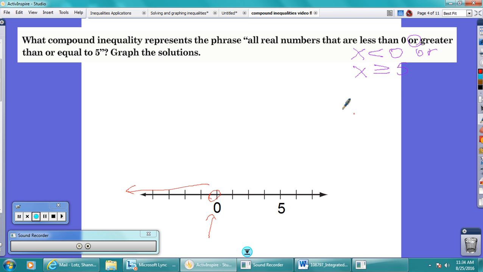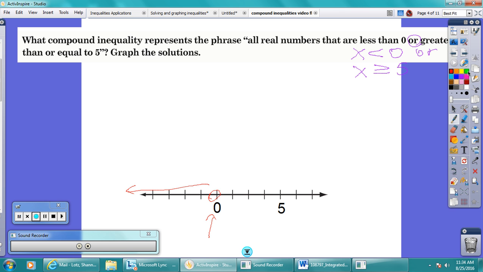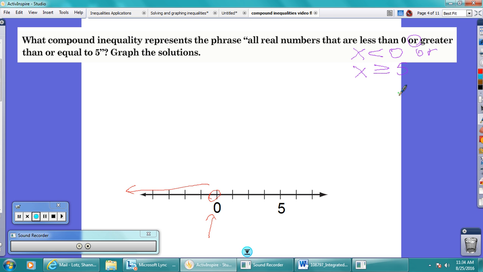Okay, next, let's look at our second inequality. We have x is greater than or equal to 5. Step 1, locate 5 on the number line. Step 2, evaluate the sign. We have greater than or equal to, so now we know that's a solid circle. Step 3, plug in the number. Always use 0.